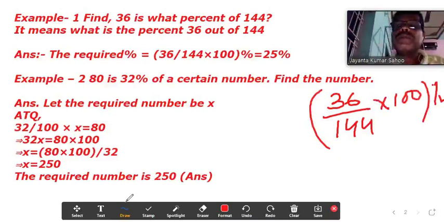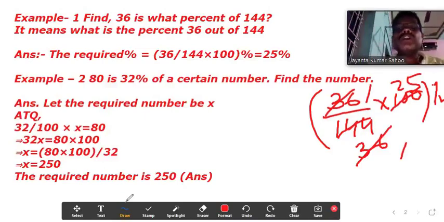So 4 3s are 12, 4 6s are 24, 4 2s are 8, then 2 0s are 4, 5 5s are 25. Now 36 1s are 36. So we got the required percentage equal to 25%.